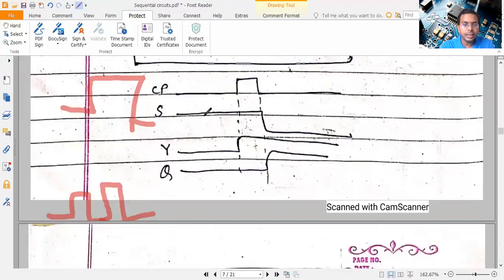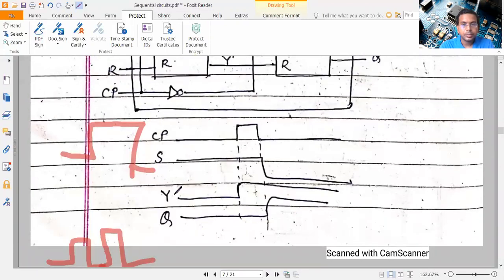Output will keep on changing because this is level triggering, and whenever the clock is high and input is changing, the output is going to change. So in between, if input S or R is changing 2-3 times, output will change 2-3 times. Even some small fluctuation in S will change the output.